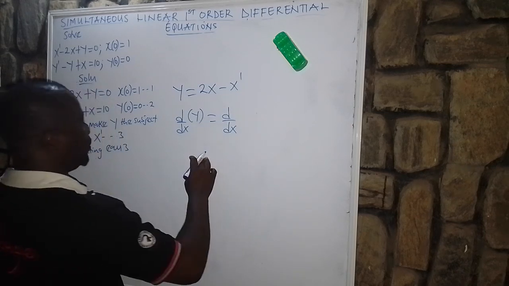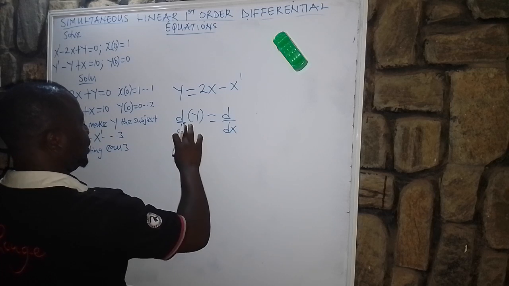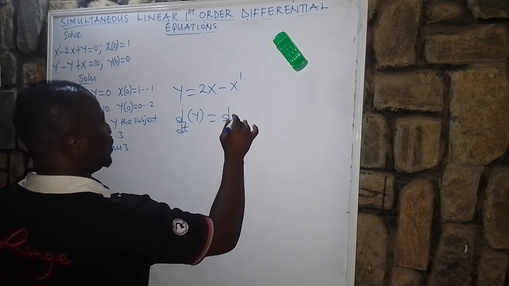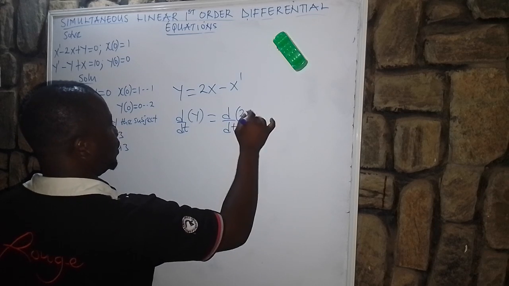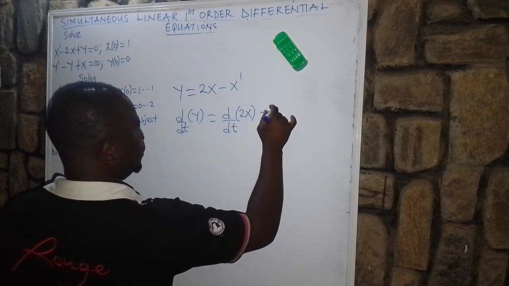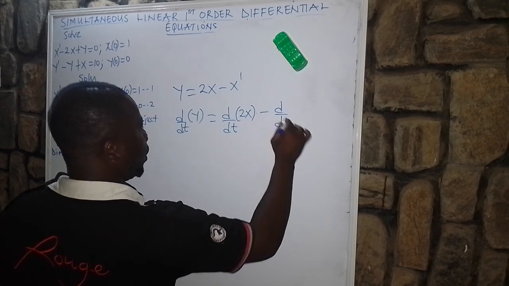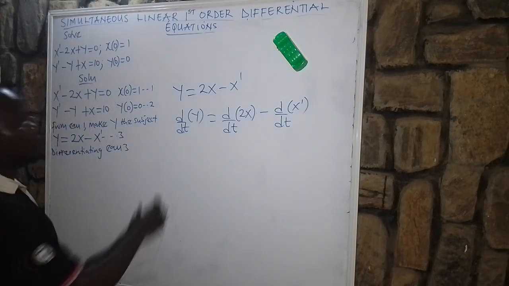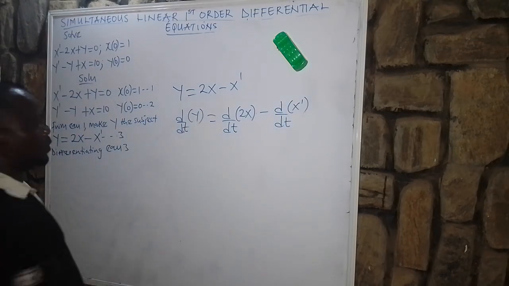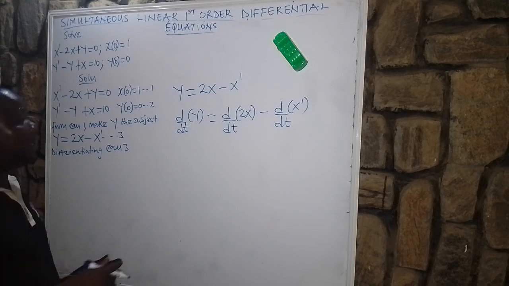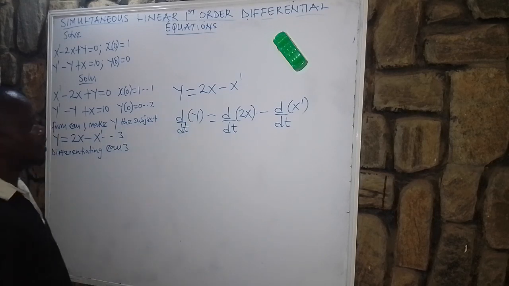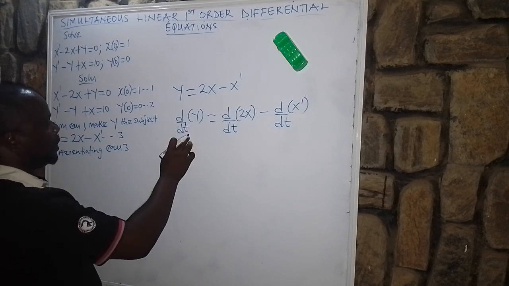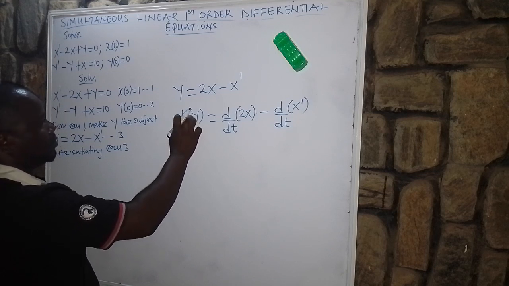Okay, since we are dealing with time, t, minus all over x prime. So if you come across something of this form, if you want to implicitly differentiate this, d all over dt means differentiate what is inside the bracket.